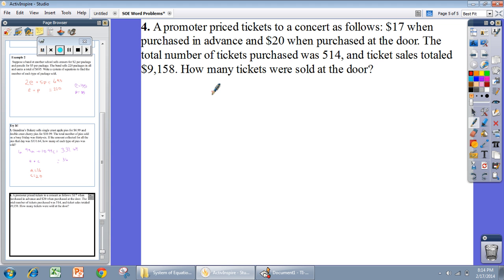All right. So we have two different options, advanced and door, right? So you know the deal, money with money. So how much are my advanced tickets? $17. And since they're advanced tickets, let's call them A for advanced. How much are my door tickets? 20. So we'll say that is 20D.